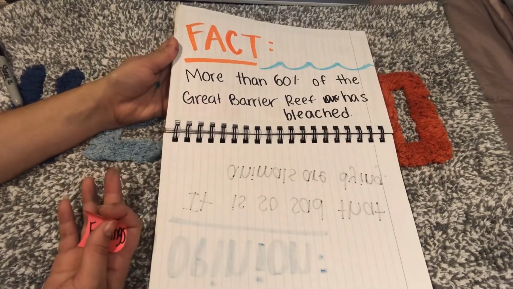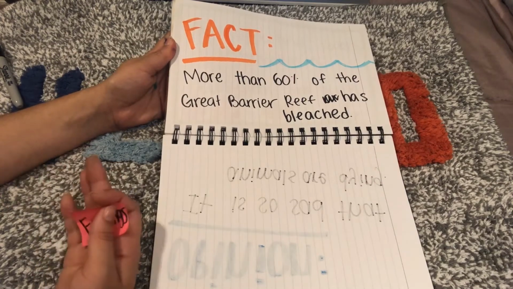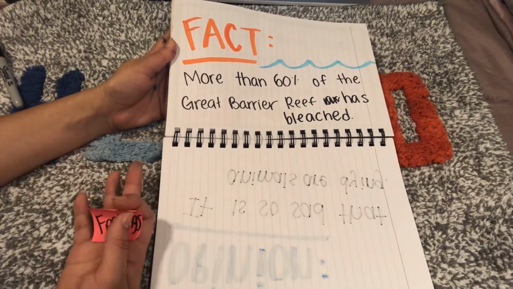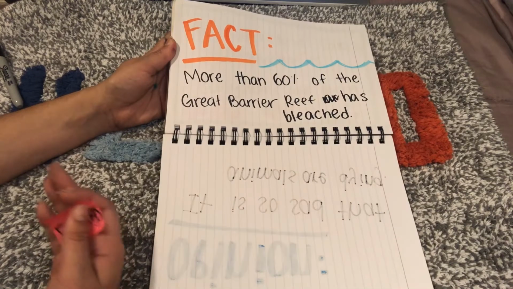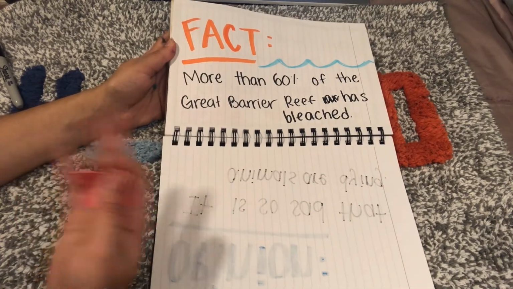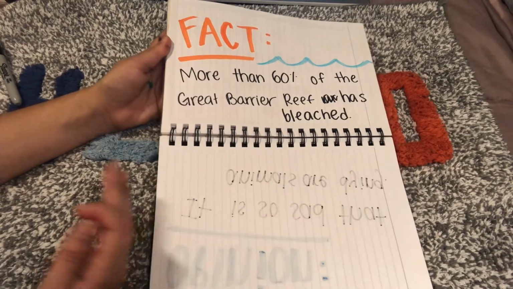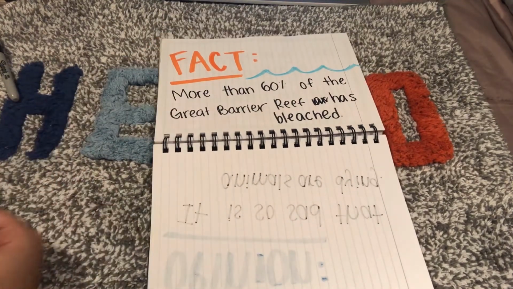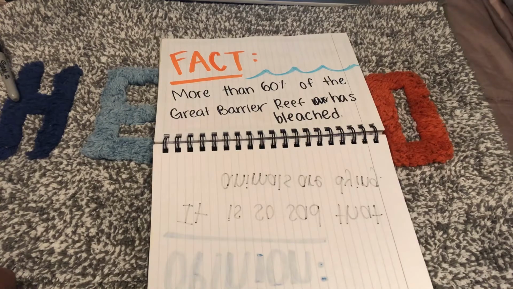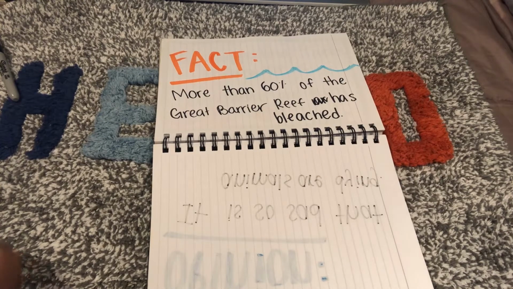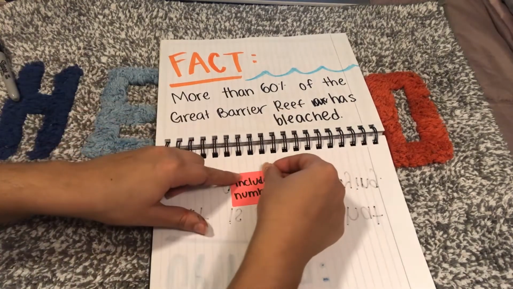And if those coral reefs die, well, we won't have more animals. We won't have more life under the ocean. Ecosystems are going to collapse, just like Greta Thunberg said. So what is a fact? Remember that a fact can include numbers.